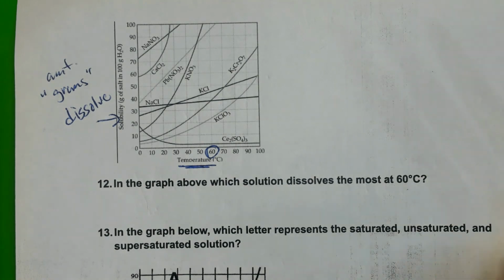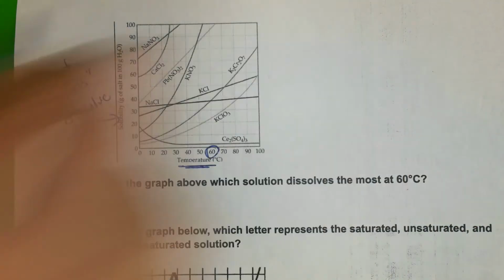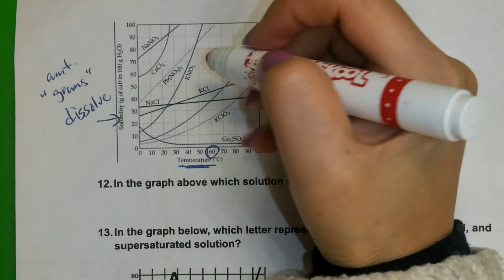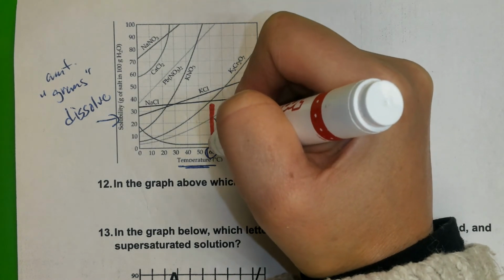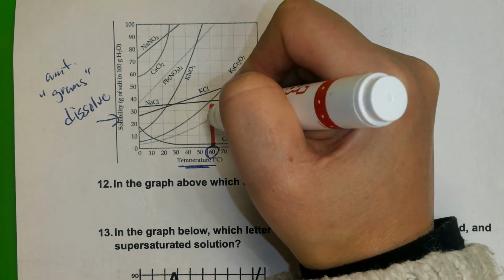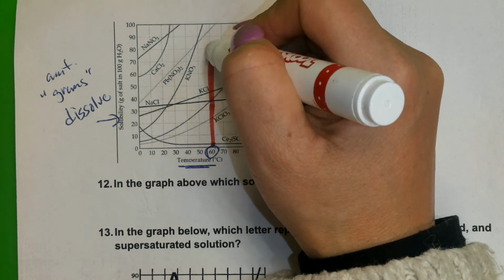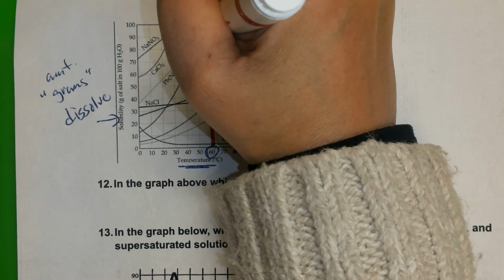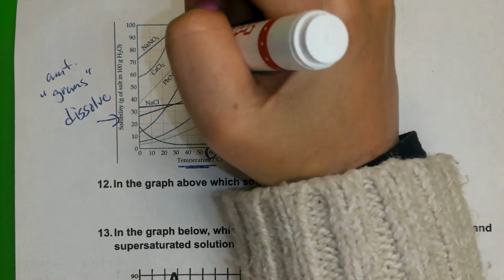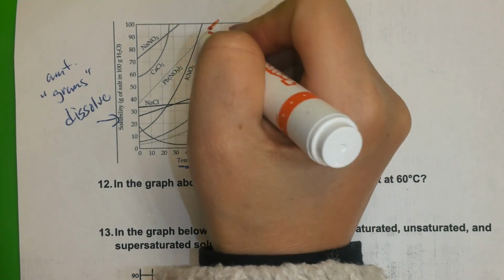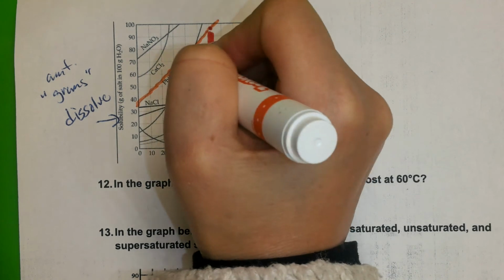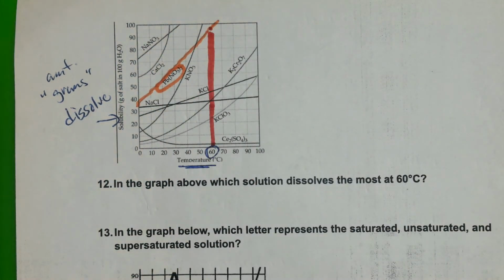If you look at 60 degrees, we go up here, and basically the only one up here will be this line. Okay, that will be lead nitrate.